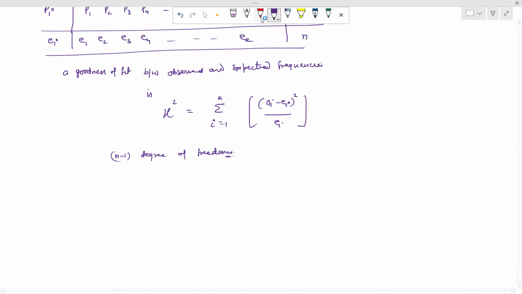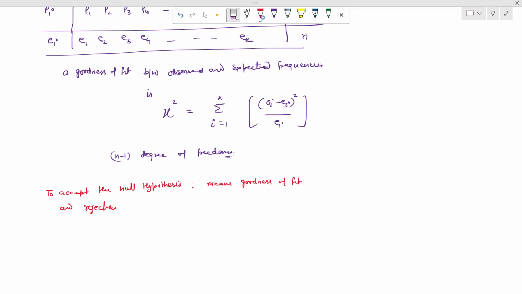So to accept the null hypothesis means goodness of fit, and rejection means rejection of what?